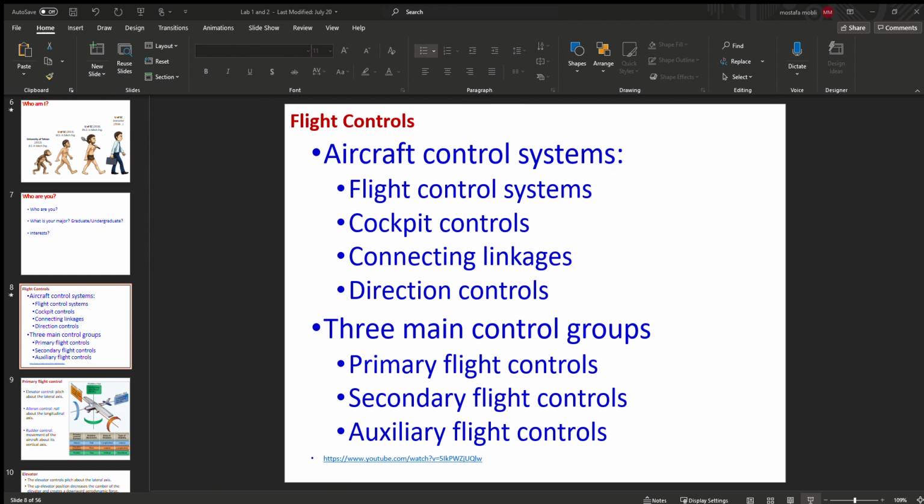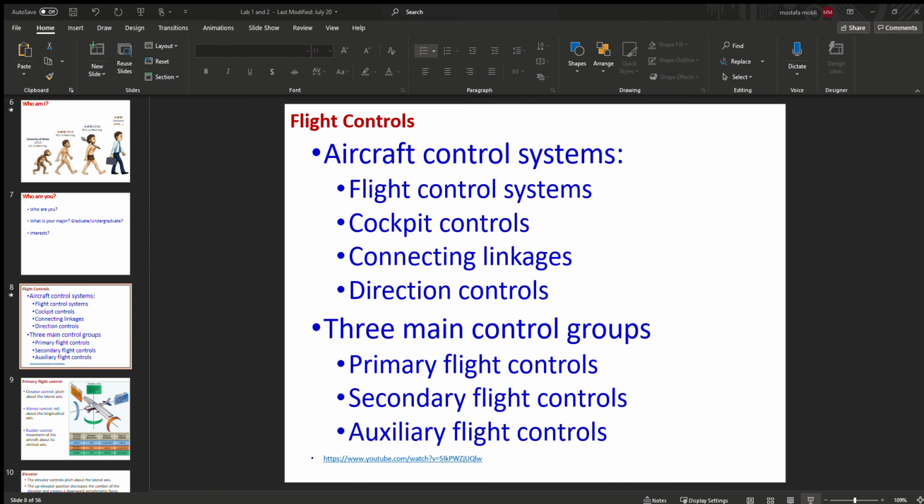Okay, so we have the secondary flight control systems. The secondary flight control systems control the indirect movement of the aircraft. They indirectly affect the movement of the aircraft about the three main axes by increasing your lift or decreasing the drag, or the other way around.